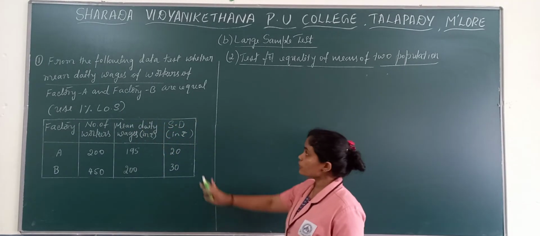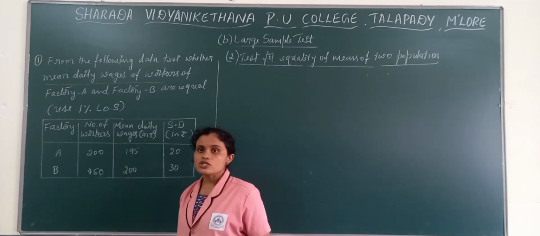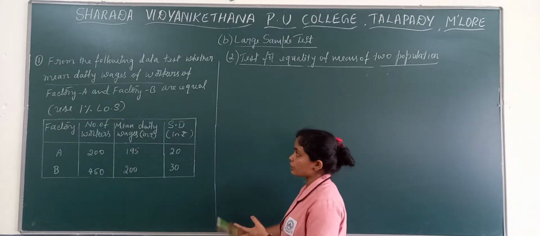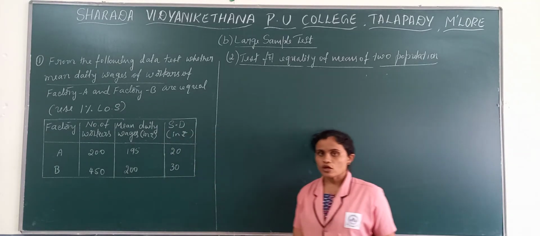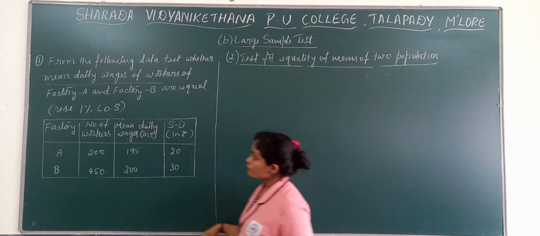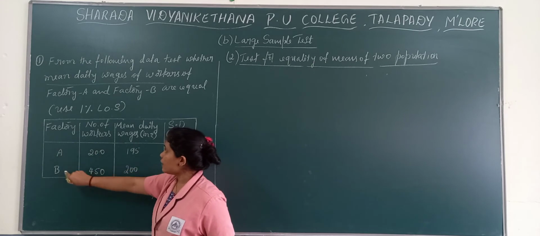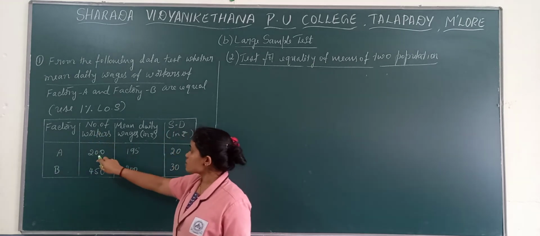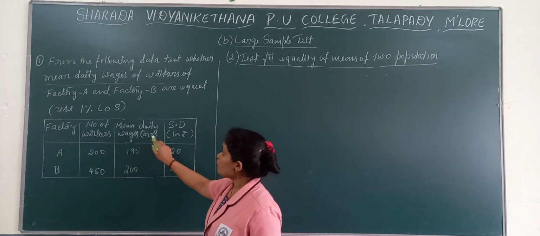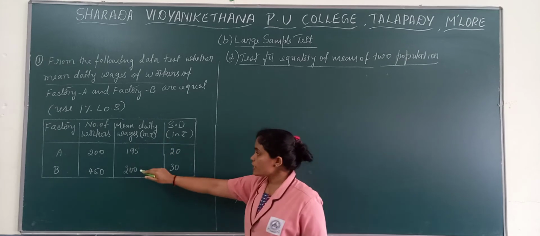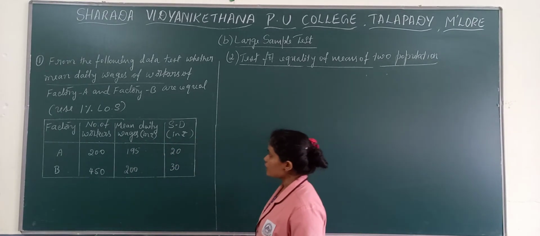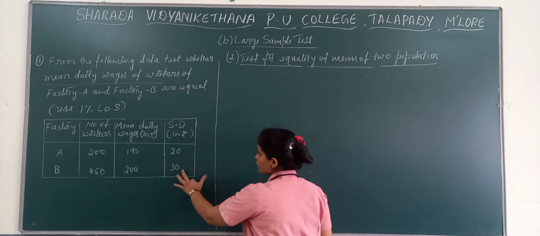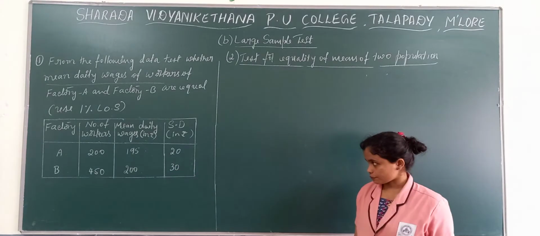We need to test whether they are equal or not equal. Factory A and B: number of workers 200 and 450, mean daily wages in rupees 195 and 200, and standard deviation 20 and 30.